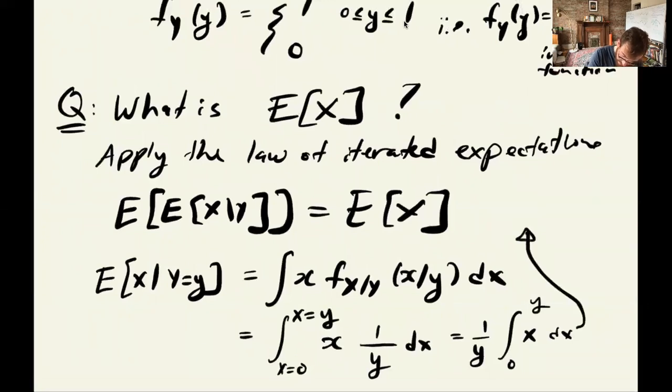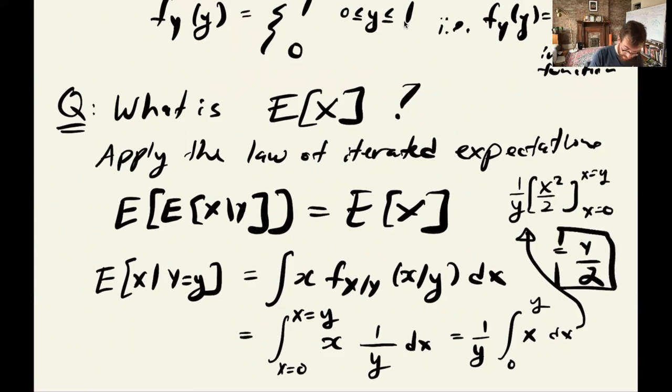So that's x squared over 2, 1 over y, x equals y, x equals 0. Obviously, plugging in x equals 0 is not going to do anything. It's just going to give me 0. But plugging in x equals y, it's going to be y squared over 2. I have to divide by y. So I end up getting y over 2.